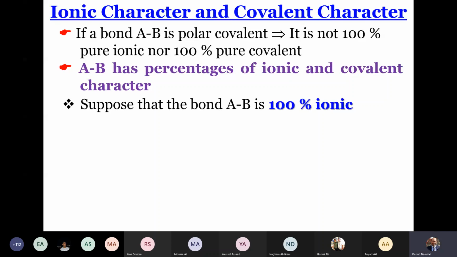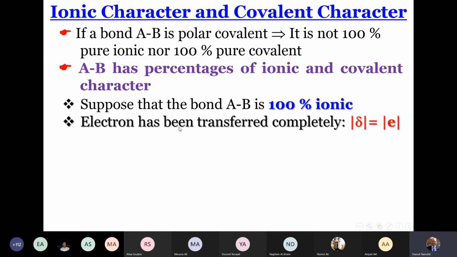First of all, I will suppose that the bond AB is 100% ionic. That means the electron has been transferred completely from A to B. So B gains the charge of one electron, and the absolute value of the partial charge delta is the charge of one electron.